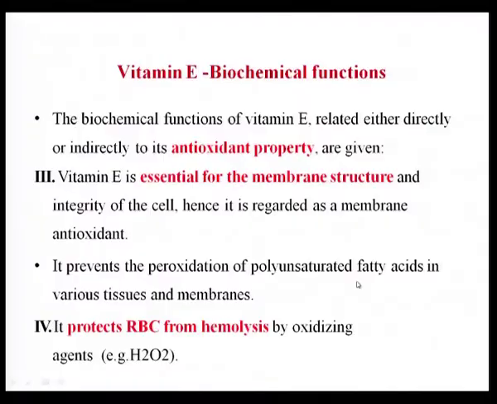Now it would be very apt to use the word free radical scavenger for vitamin E. So if you look at it as a free radical scavenger, it exhibits its antioxidant activity. So you might wonder how it is able to exhibit its antioxidant function.